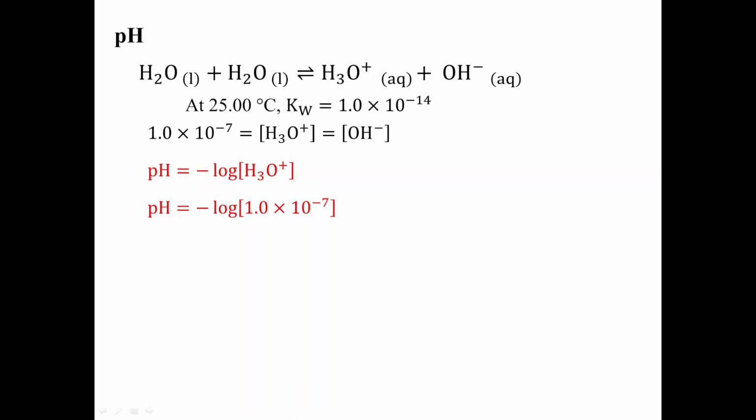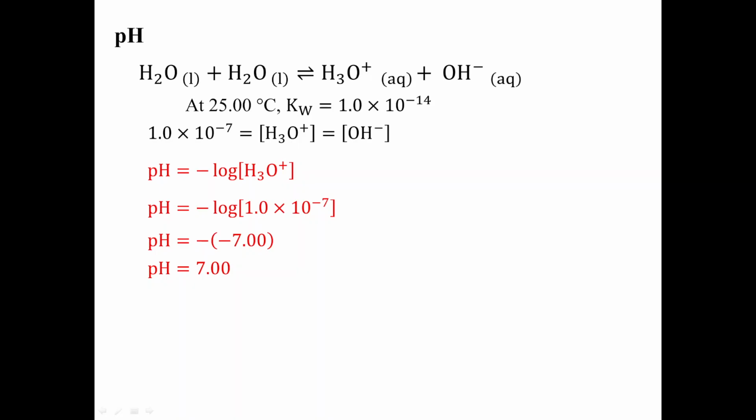If you ever take the log of 10 raised to anything, you will get whatever that exponent was, because log is base 10. And so taking the log of 10 to the negative 7, we get negative 7. Now we take the negative of negative 7, and we end up with a pH of 7.